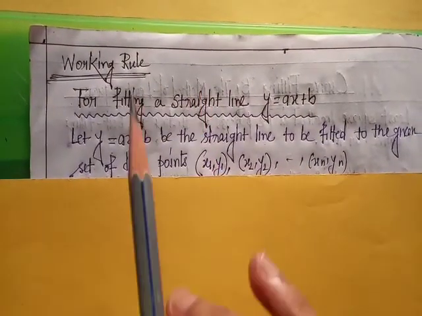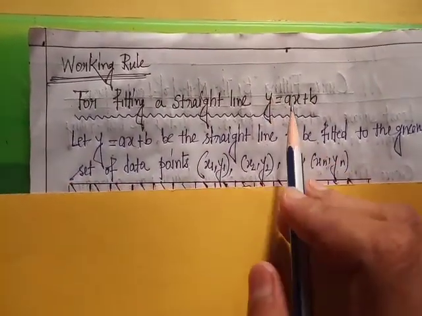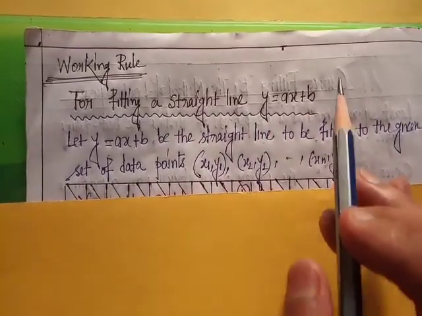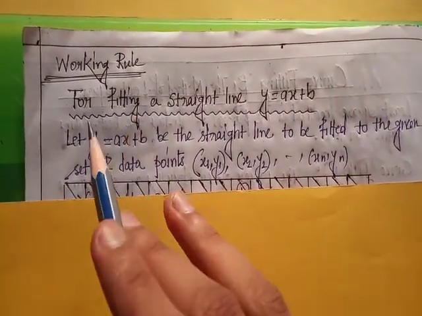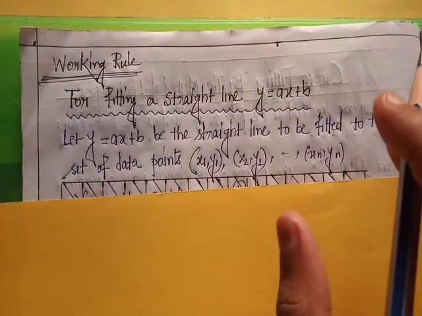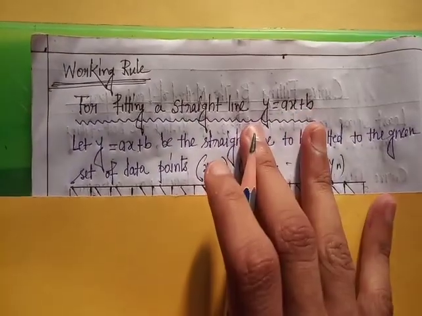Also note that for fitting a straight line of the form y equal to bx plus a, where here y equal to ax plus b, we just interchange a and b. Please remember this point.